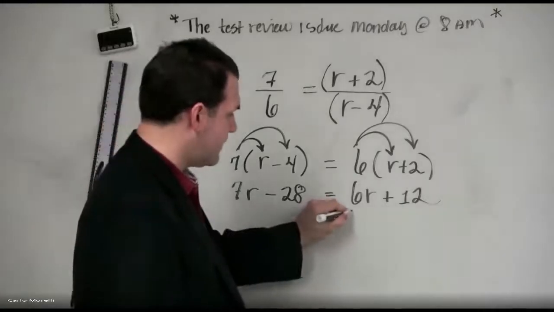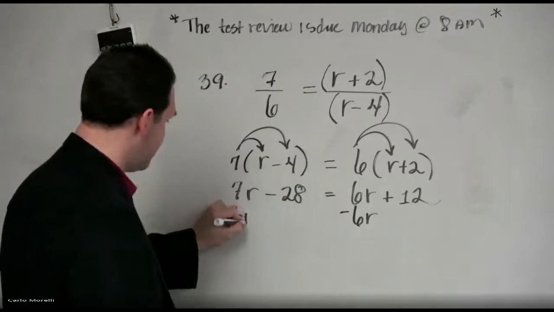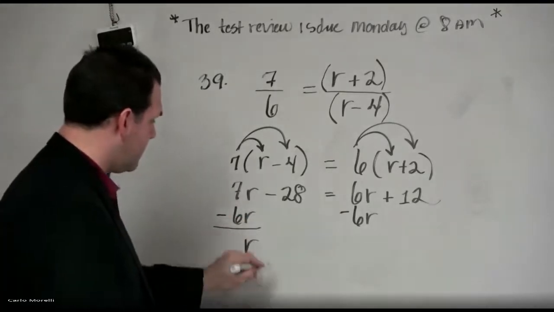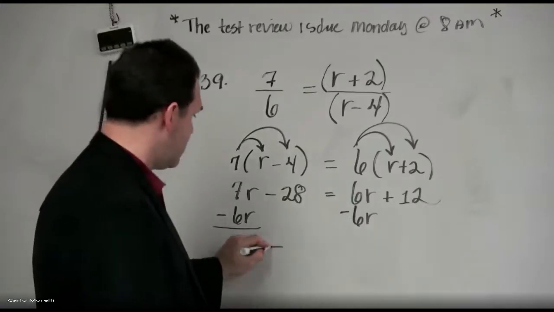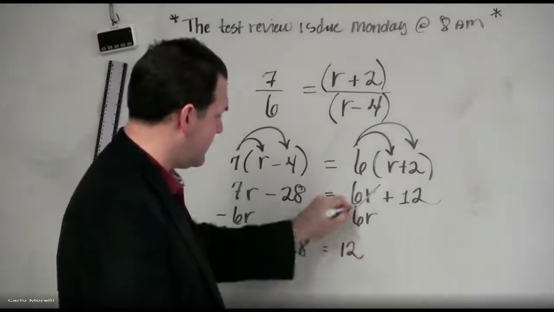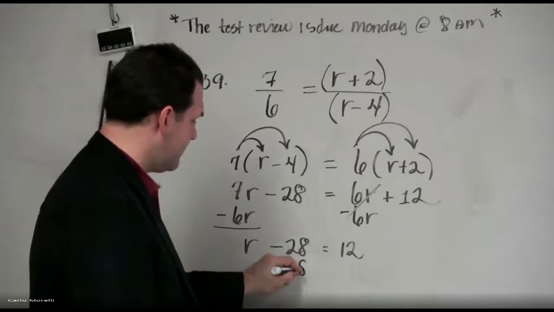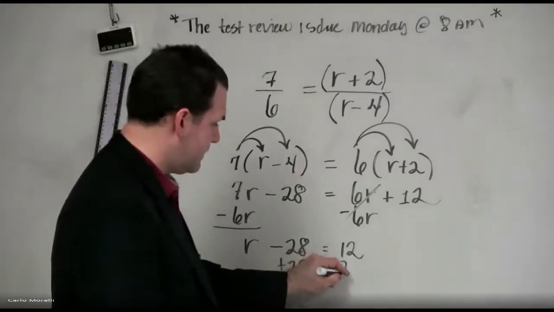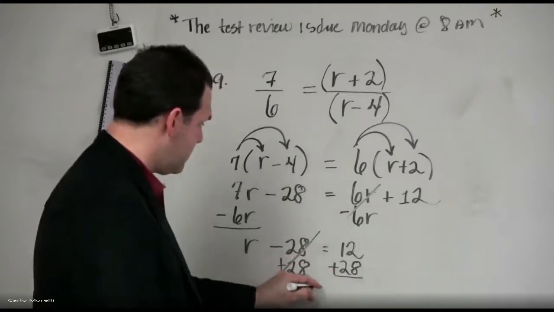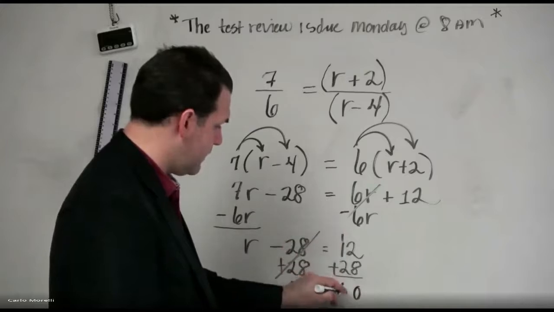So I'll subtract 6r from both sides. 7r minus 6r is 1r, or just r. So now I have r minus 28 equals 12, because these canceled out. Now I add 28 to both sides, and I'll be done. r equals 40.